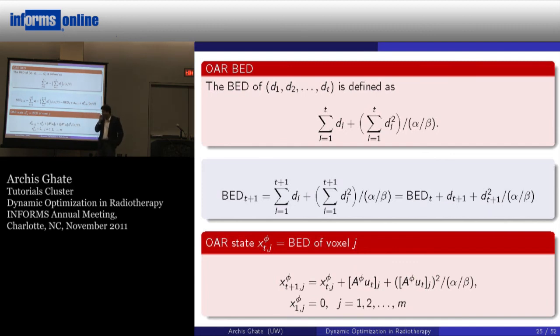And as you remember, this is the dose that is given to the jth voxel of the OAR in our notation, and this is the square of that divided by alpha over beta, right? So I now have a simple state update formula for my OAR in terms of my current state and the intensity vector that I choose in that treatment session. That's what I need, and that's what I have now.